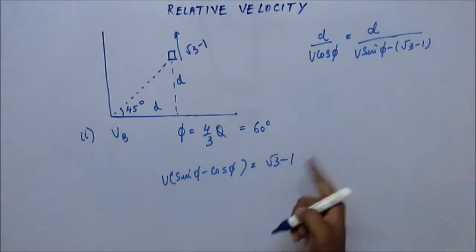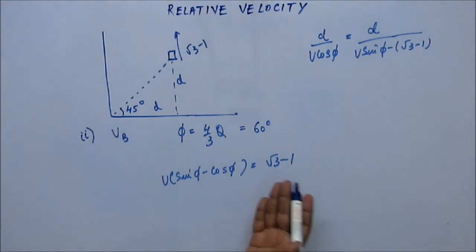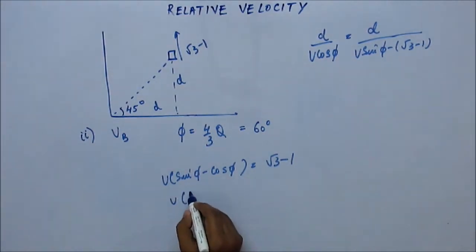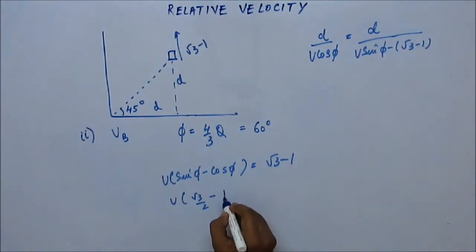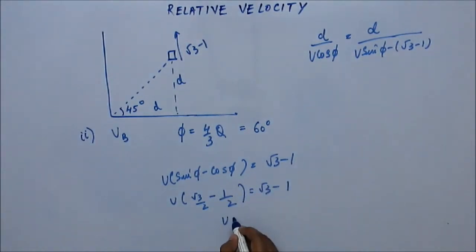Now phi comes out as 60 degree. That means sin 60 degree, root 3 by 2, minus cos 60 degree, half, is equal to root 3 minus 1. From here you easily get velocity of the ball in the reference frame of ground is 2. The unit would be whatever the unit was given in the problem, meter per minute or meter per second.